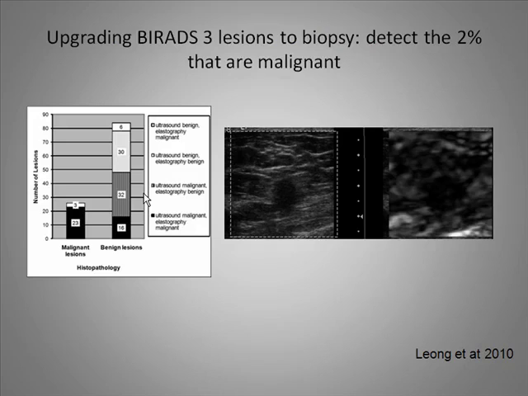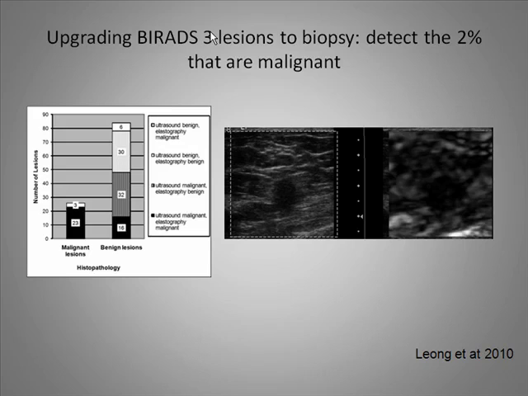Now, the opposite has also occurred, and this is a very important potential contribution of elastography. We know that when we categorize a mass as BI-RADS 3 and send it to follow-up, we have approximately 2% odds that that mass might be malignant. So about 1 in 50 of them are malignant. It would be better to find those prospectively and biopsy them rather than finding them at follow-up.